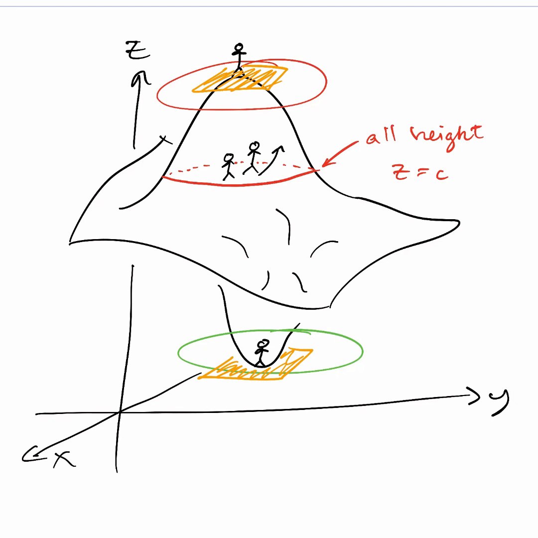So you're imagining projecting straight down into the xy plane, and you're thinking about all the xy's that, when you plugged them in, put you perfectly at height z equals c. That curve down there, that's called a level curve.